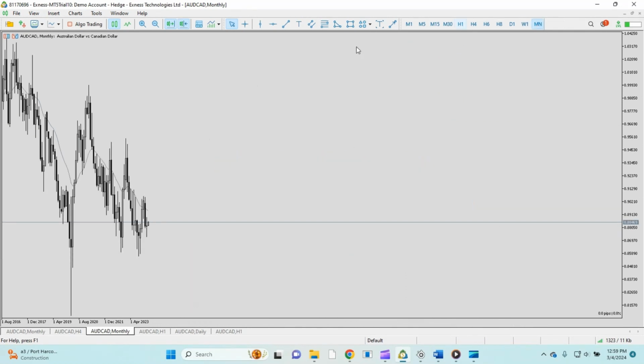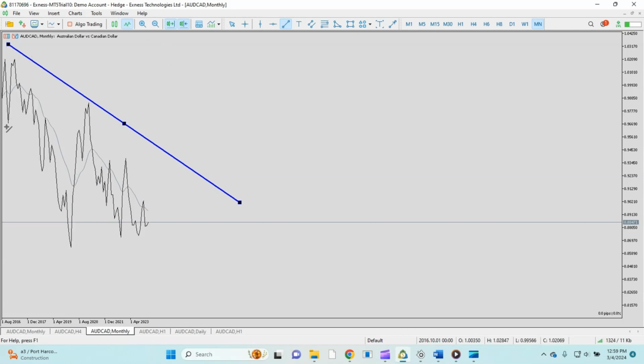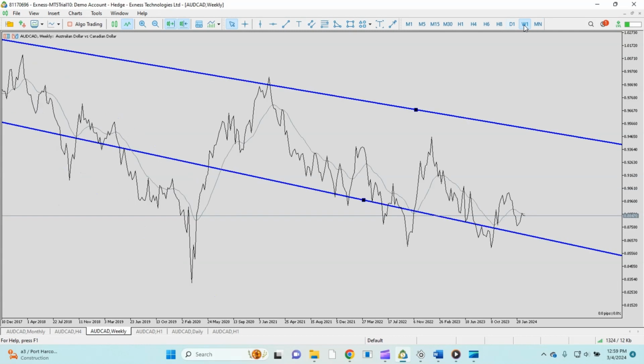Let's get a clue from the monthly time frame. So we have gotten a clue. When you are trading, make sure that your trade is in harmony with the higher time frame.